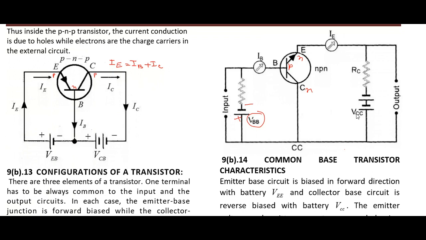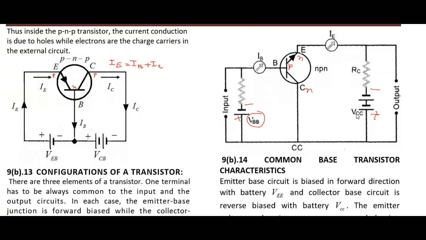Collector base junction is reverse biased. Emitter base junction is to be forward biased. It means this should be connected with negative, which is correct. And this is the common part. This should be connected with positive. So this is correct. There is no flaw or fault in it.